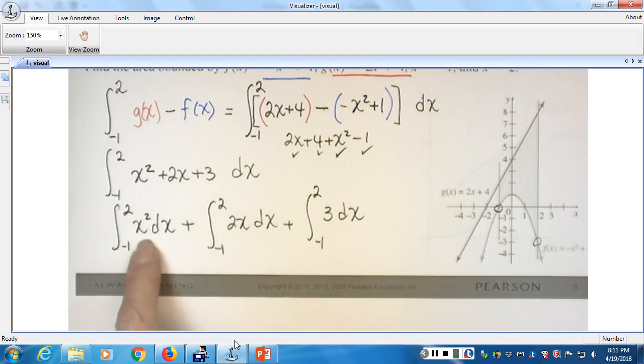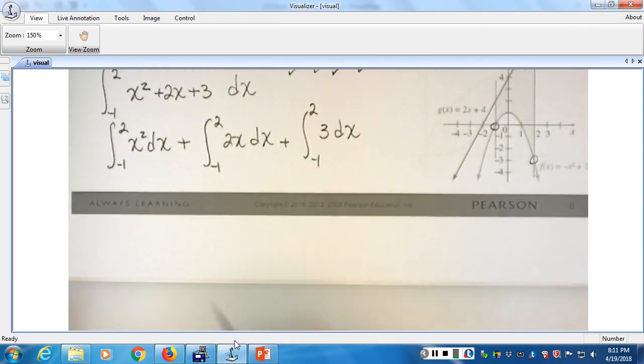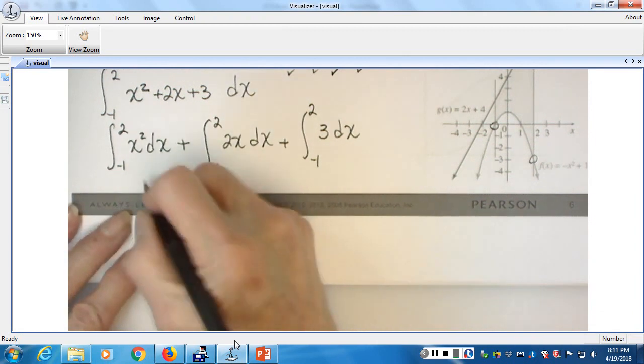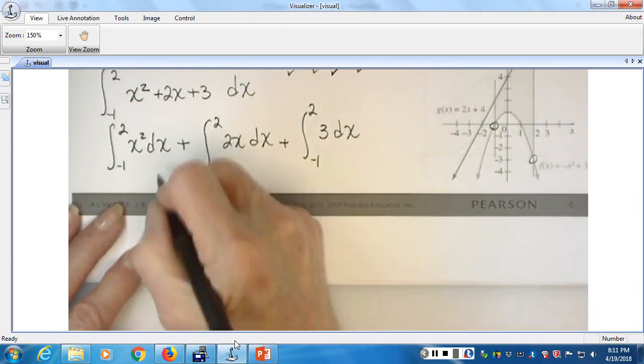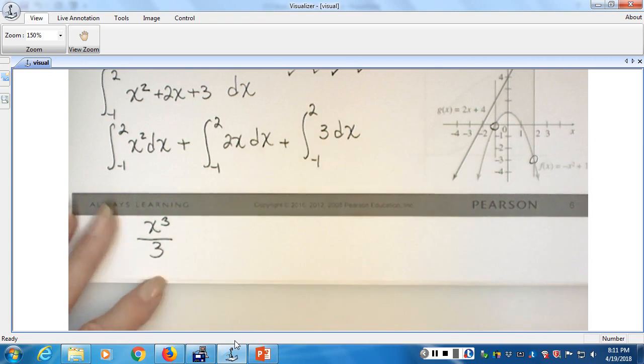And the integral of x squared dx is x to the third divided by 3. And we could add the constants as we go along, but we know they're going to disappear at the end of the problem anyway, so we're just going to let it do that.